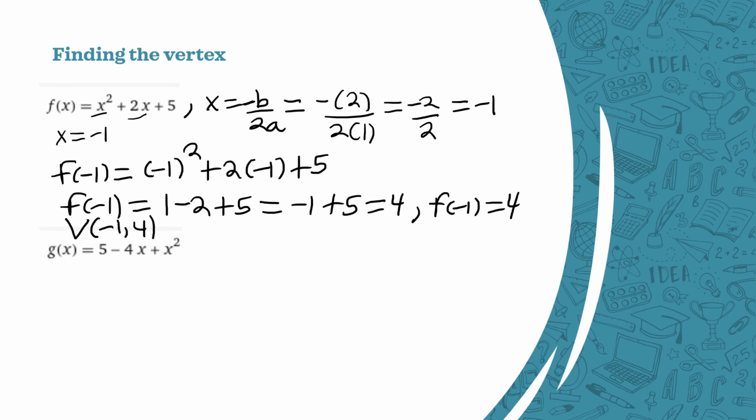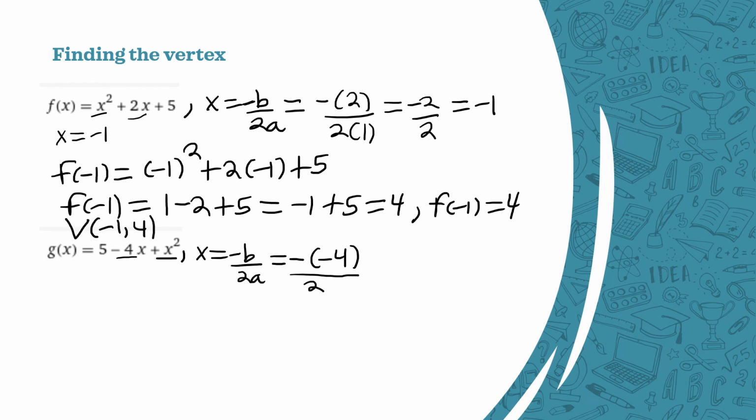Now this next one's a little bit trickier because it's not in standard form. We have g of x equals 5 minus 4x plus x squared plus 2, so we have to be careful. Again, we're going to use x equals negative b over 2a. So negative 1, where is my b? With the x term, negative 4. So negative 1 times negative 4 over 2. And what is my a?